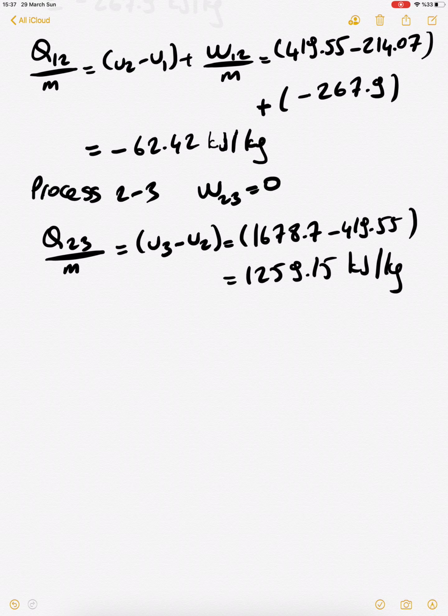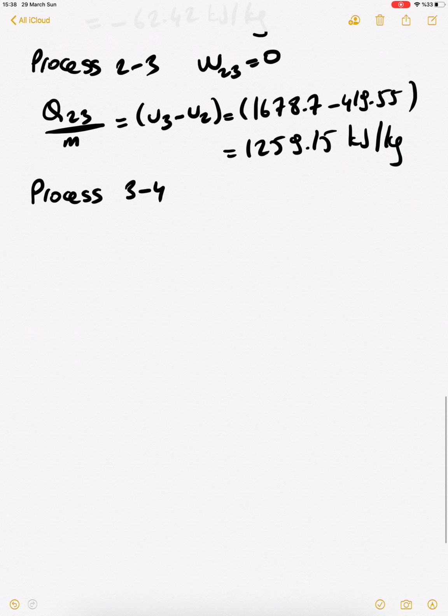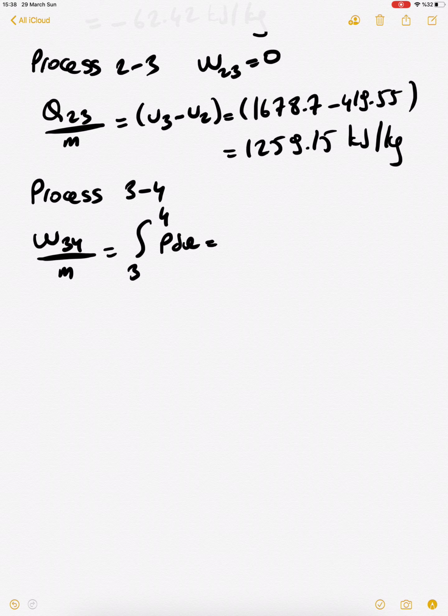And process 3 to 4, we are going to have something similar to process 1-2, and we are going to use the same equation per unit mass. Mass is the same. So from 3 to 4, the integral of P dV is equal to R times (T4 minus T3) over (1 minus n).